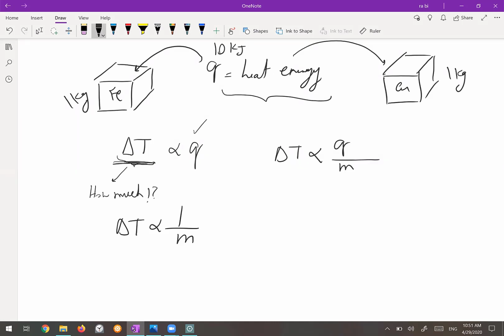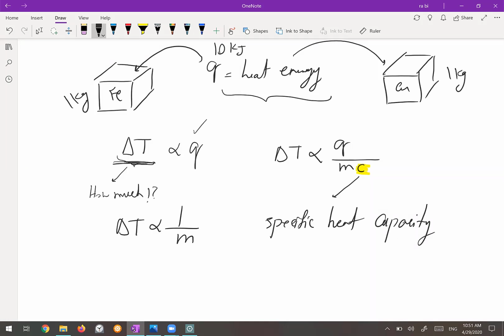We show it by C. C is a quantity which depends on the type of the material. We call it specific heat capacity. Different materials have different specific heat capacities.